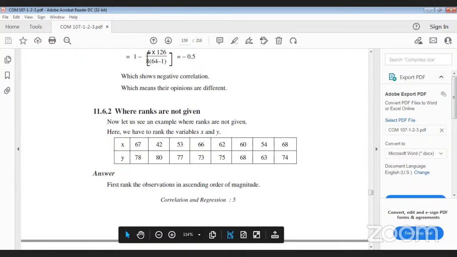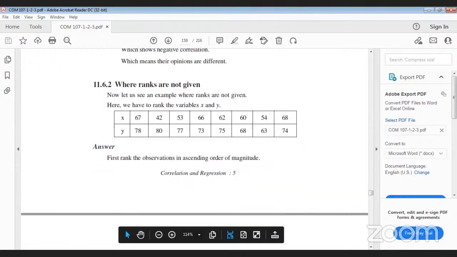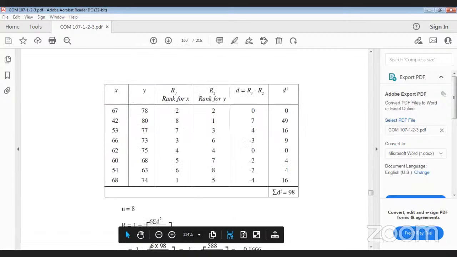Now find the ranks of the observations in ascending order here also. Then you will find there are some points given here. X: 67, 42, 53, then 67, 54 and 60.